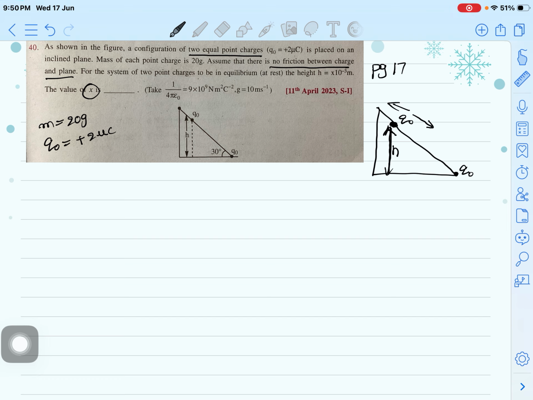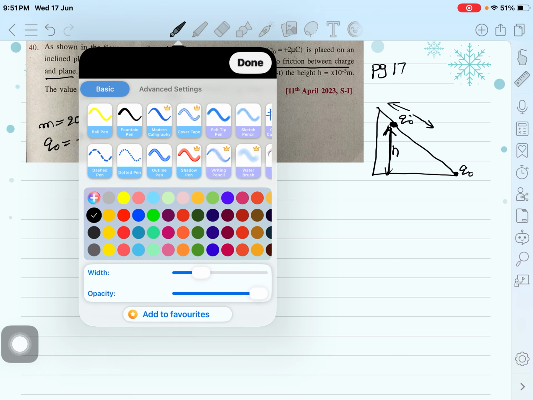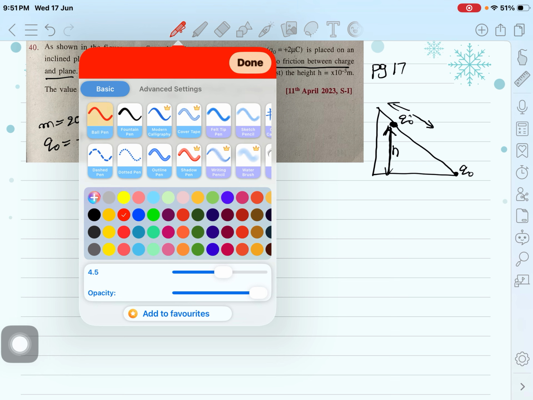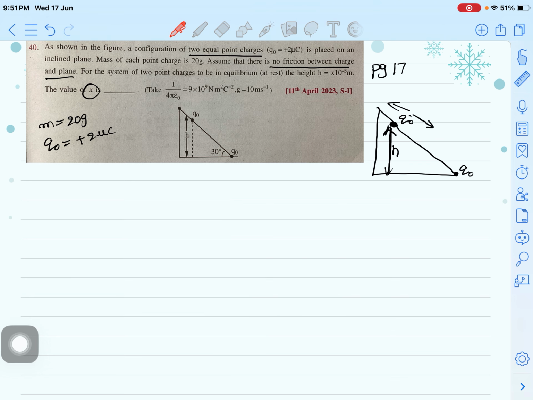For that we need to resolve the forces. We need to check all the forces on this upper Q naught. The charge will have its weight in the downward direction, which is mg sin theta along the plane, and mg cos theta, which is cancelled by the normal reaction.